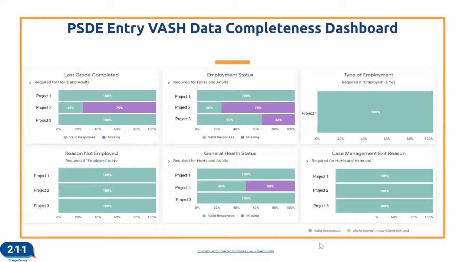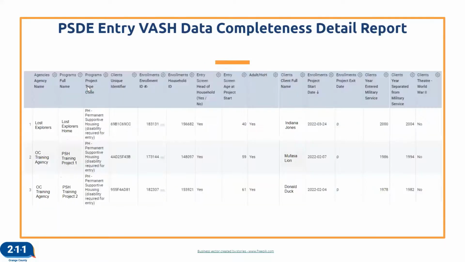You will also see at the very top of each chart, exclusion or special requirements for each chart. You can see here, it will let you know this is required for head of households and adults. And there will also be a detailed report if you're interested in reviewing this data on a client level.